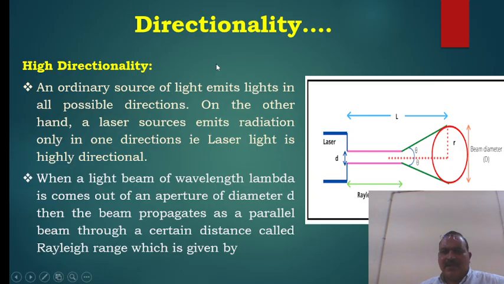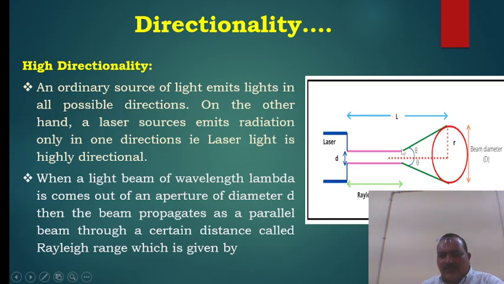When a light beam of wavelength lambda comes out of an aperture of diameter d, the beam propagates as a parallel beam through a certain distance. This distance is known as the Rayleigh range.